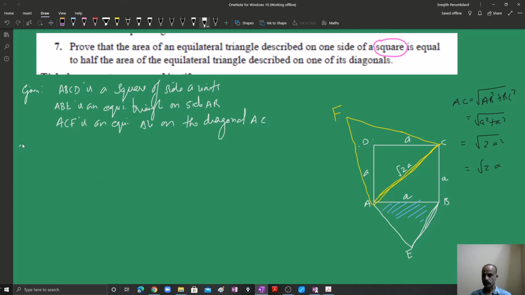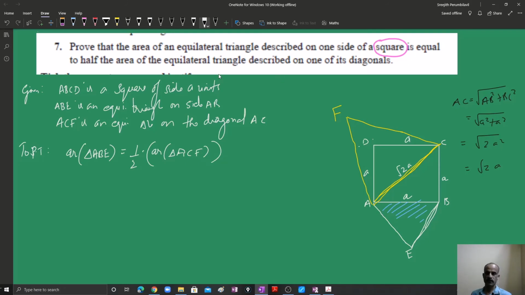This is what is given. What is to be proved? Prove that the area of the equilateral triangle described on one side, area of triangle ABE, is half the area of triangle ACF. Repeat the statement.